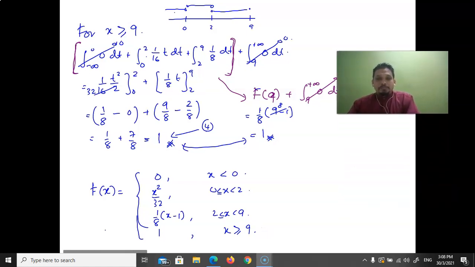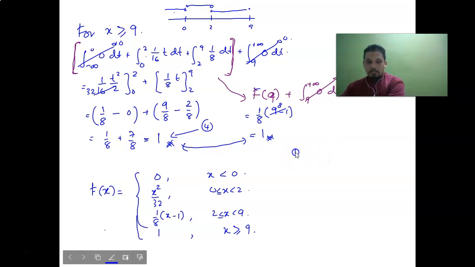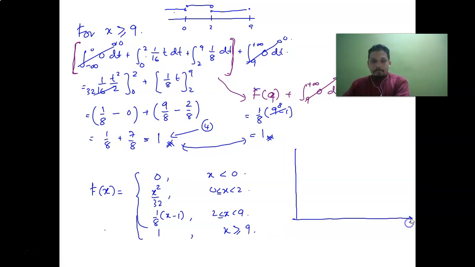There you go. Okay, to sketch the graph of this, it is a function of the cumulative distribution function of x and also x here. According to this, 0, and 0 until 2 is x squared over 32.